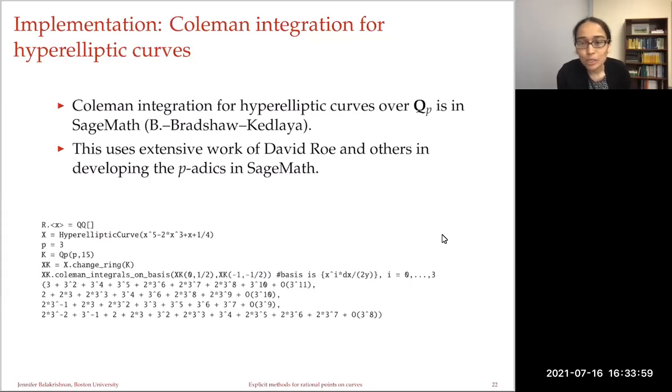We take our hyperelliptic curve and say, okay, now I want to consider it over this field K, this 3-adic field with 15 digits of precision. And then I can compute Coleman integrals between 2 points. Behind the scenes it is picking the spaces that I mentioned earlier. And then we get this vector of 4 numbers, 4 3-adic numbers, where, again, this just corresponds to the 4 elements of H^1 de Rham.